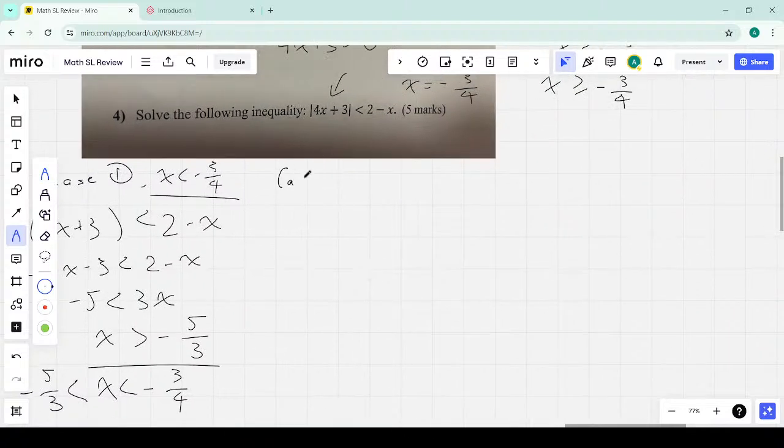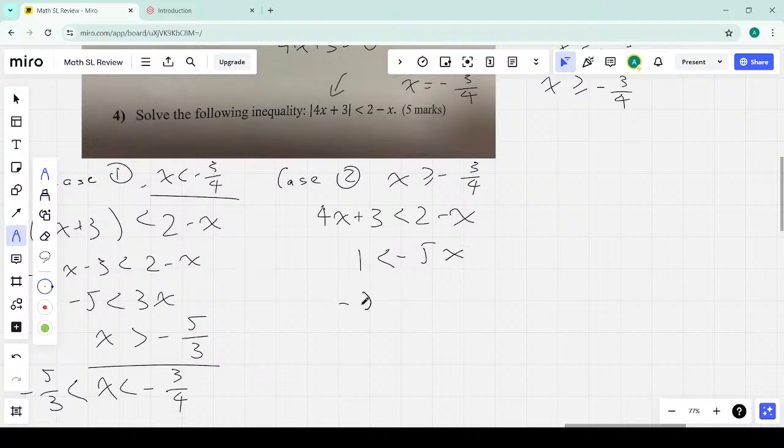For the second case, x is greater than or equal to negative 3 over 4. Now whatever's in the absolute value is positive, so we just have 4x plus 3 smaller than 2 minus x, or 1 is smaller than negative 5x. Negative 5x is greater than 1. Divide by negative 5, so x is smaller than negative 1 over 5.